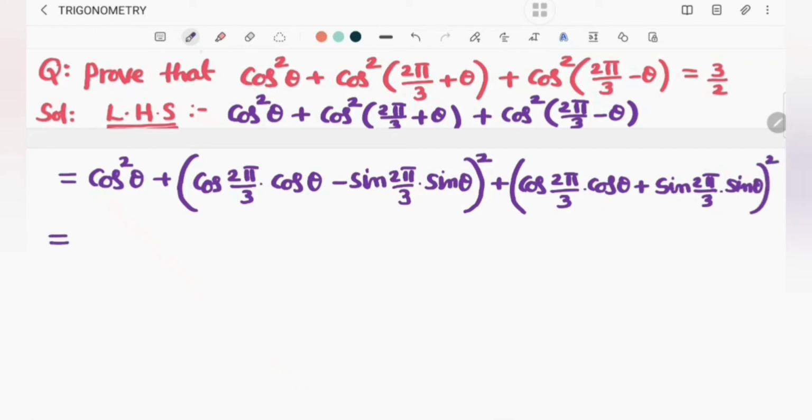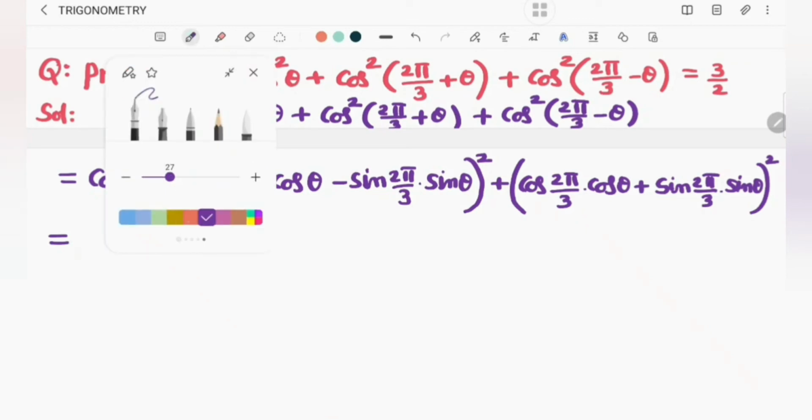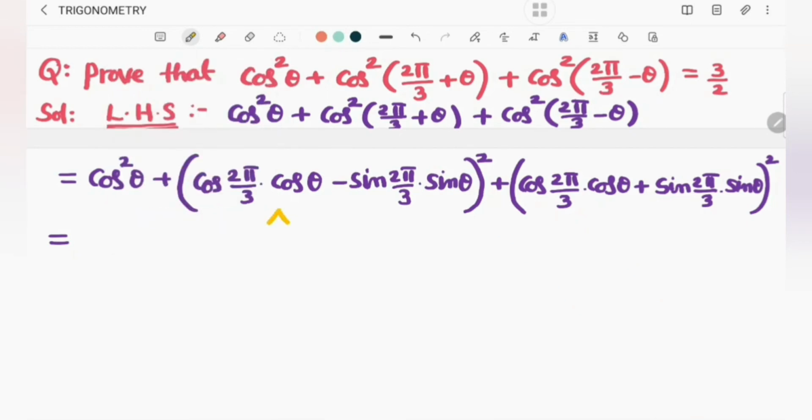Which is equal to. So here observe carefully. This is A completely, this is B. Even this is also A, this is also B. So again A minus B whole square plus A plus B whole square, can I write the formula?